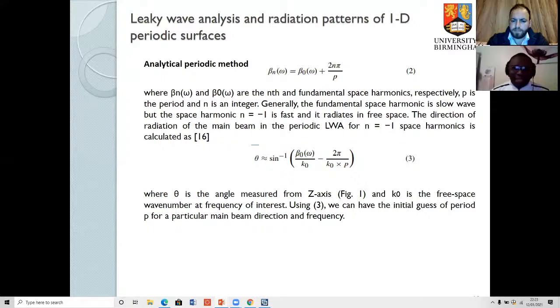So using that particular period, which we know, and the wave number, we'll be able to know at each frequency the angle at which the beam is going to scan. And that is equation number 3 on your screen. For example, if I know the wave number and I know the number of holes, which is the P, and I know the BO, which is the fundamental space harmonic, and I take the inverse at, let's say, 50 gigahertz, I'll get a specific angle where the beam is going to go.